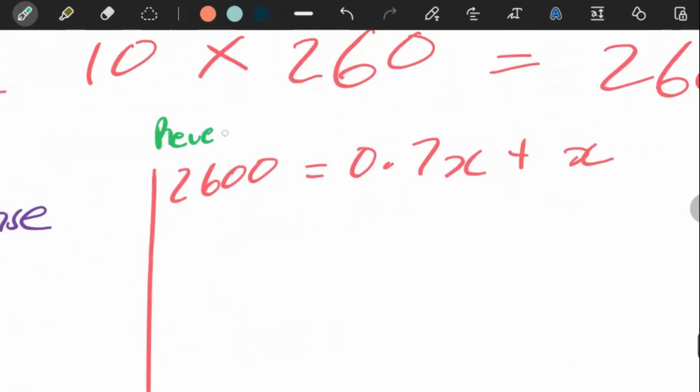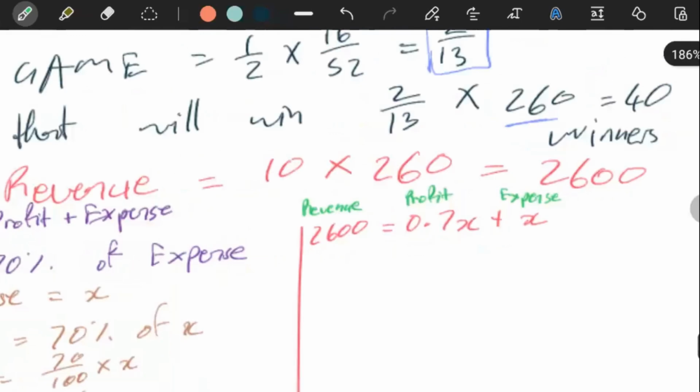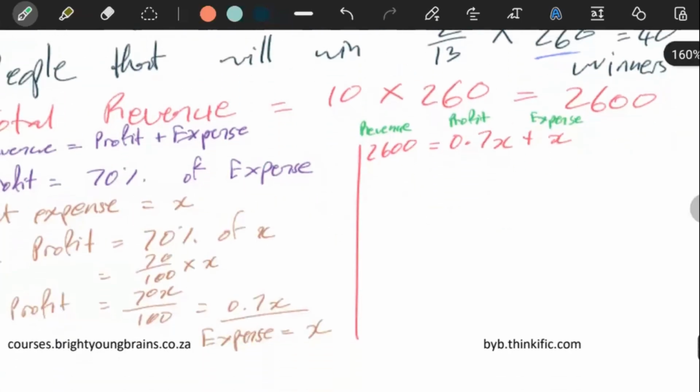Revenue is equal to profit plus our expense. The reason we did this is, remember, if you're going to use a formula and there are too many variables in the formula, try to always have a common variable so that you don't have yourself working with multiple variables unnecessarily.